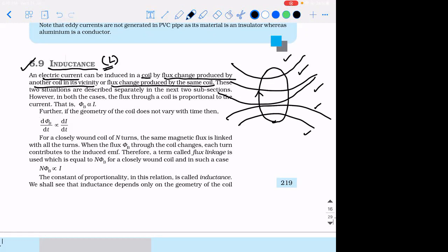Now my question is, is the value of magnetic field at any point on these lines going to be a constant or a variable? Are you able to understand what I'm asking?